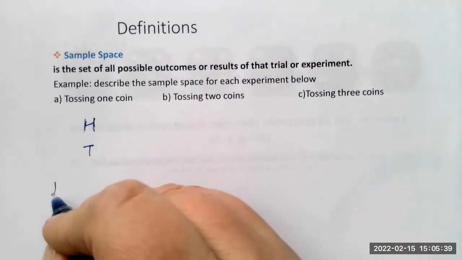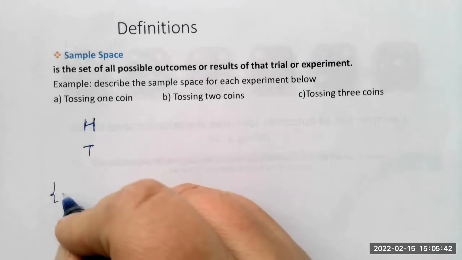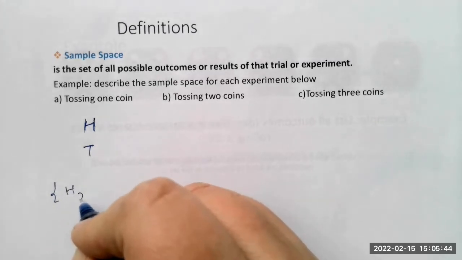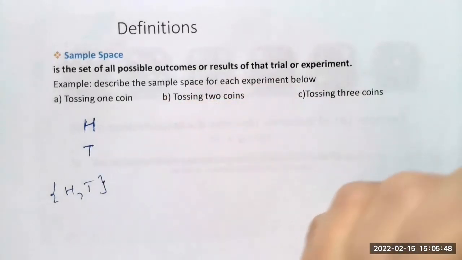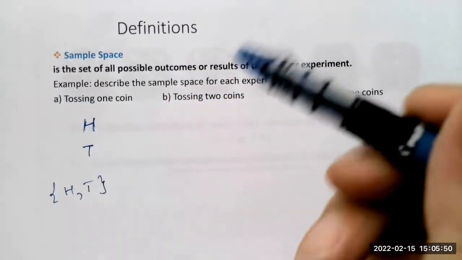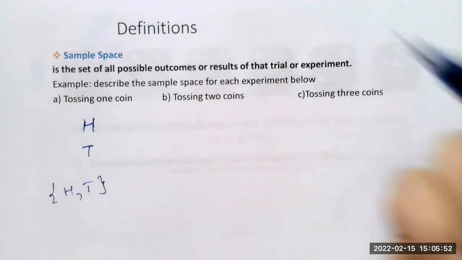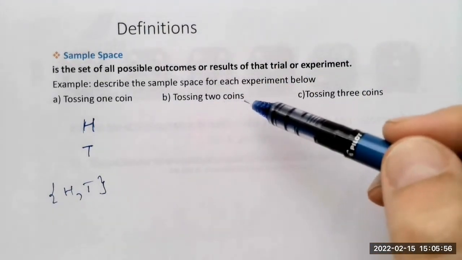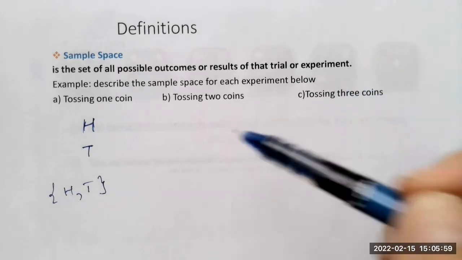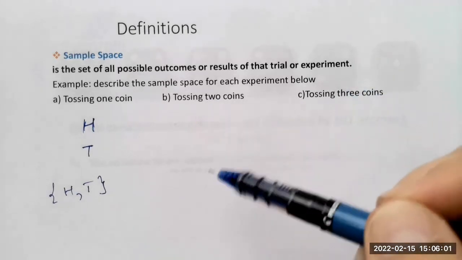That would look like this: open square bracket, and then put head, comma, tail. Or we could simply list it as a table, like in this case.